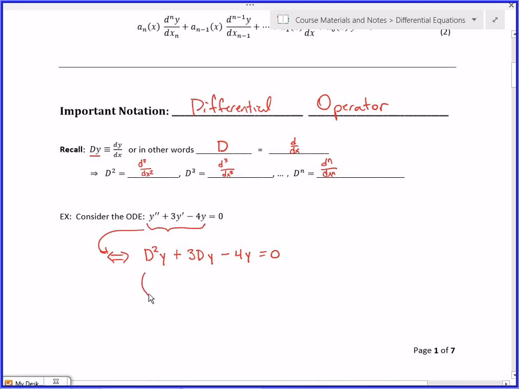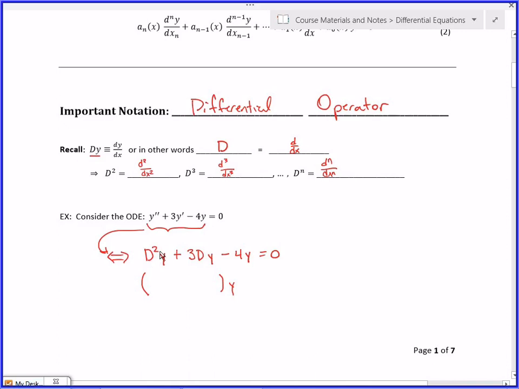But I can also think of this as a single operator being applied to y. It essentially looks like I'm factoring out the y, but keep in mind, in this notation, the operation between the D and the y is not multiplication, so it's technically not factoring. What it is, is the operation of taking the derivative.